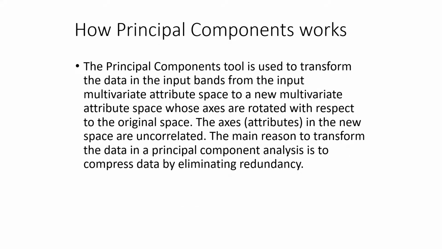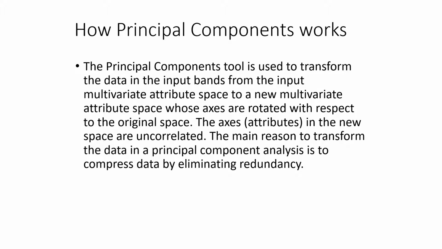And so how do we do that? Principal components is a tool we use to do this a lot. It takes these input bands and it can put them into a new multivariate attribute space whose axes are rotated with respect to the original space. Well, that's a lot. Think of it like this.